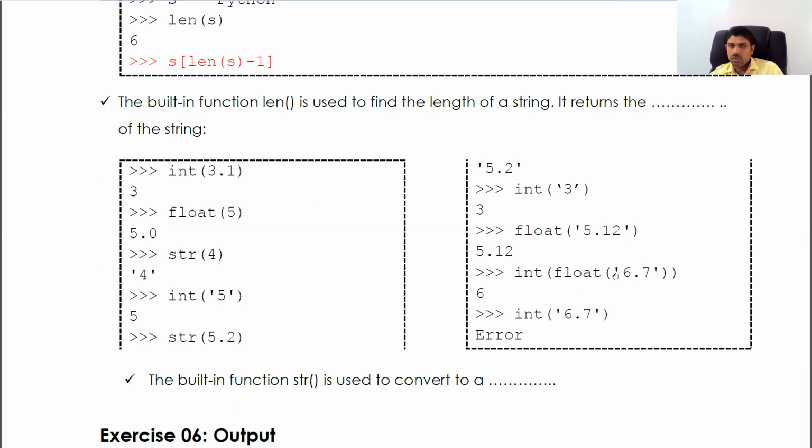Look at the one before the last one. 6.7 is a string, no? That string is converted into a float, which means 6.7. Then the integer part of the float is 6. But if you try to obtain the integer part of this string directly, it is an error, right? There are some compatibility issues.